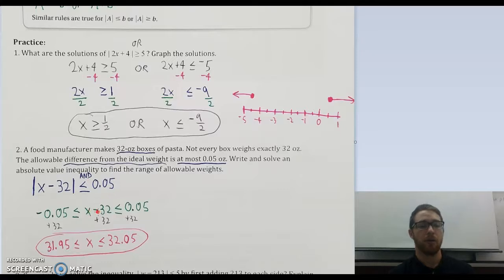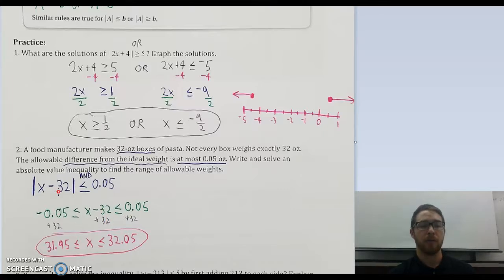So I'm going to write that into my AND inequality where I have 0.05 greater than, just like it is in the inequality, but also a negative 0.05 on the other side of that x minus 32. And we're able to get rid of absolute value because we set it up with our two directions. So I can be greater than or less than.